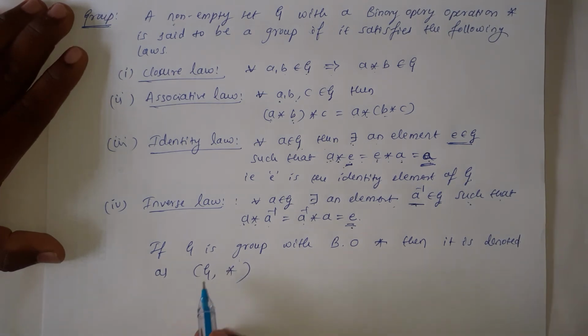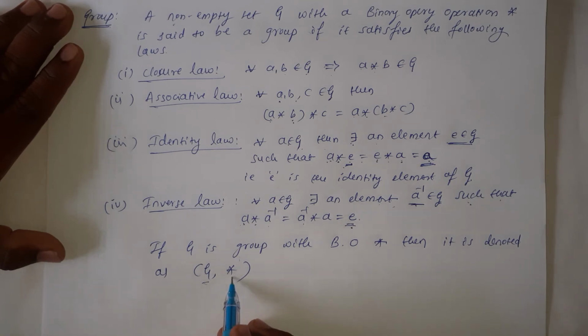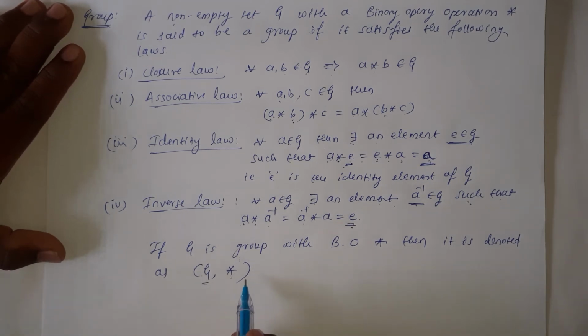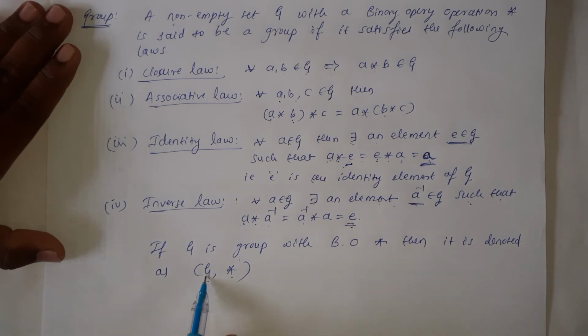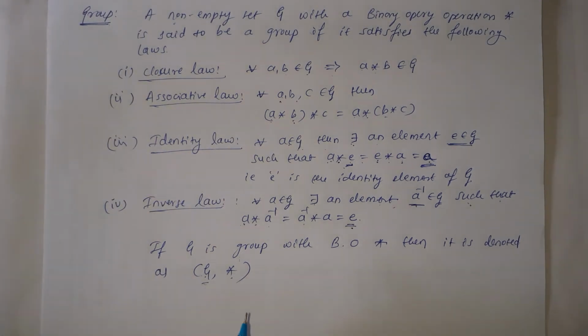If we write a set G along with the binary operation star in the same bracket, then it implies that G is a group along with the binary operation star. So, therefore, it is the definition of a group.